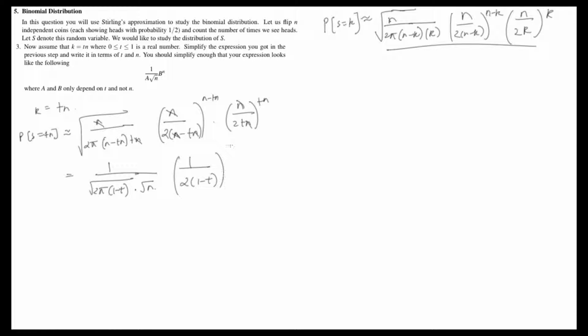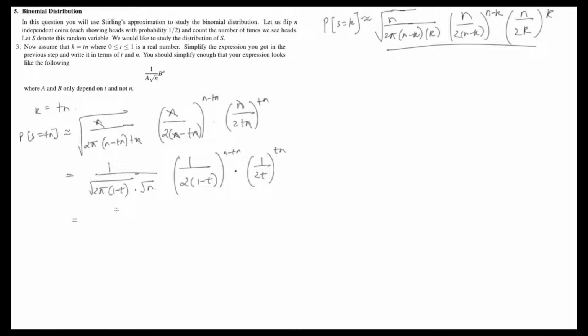to the 1 minus t times, sorry, this is not 1 minus t, this is n minus tn times 1 over 2t to the tn, right?